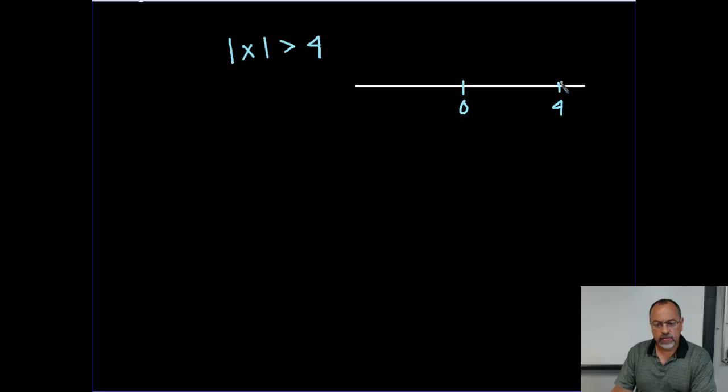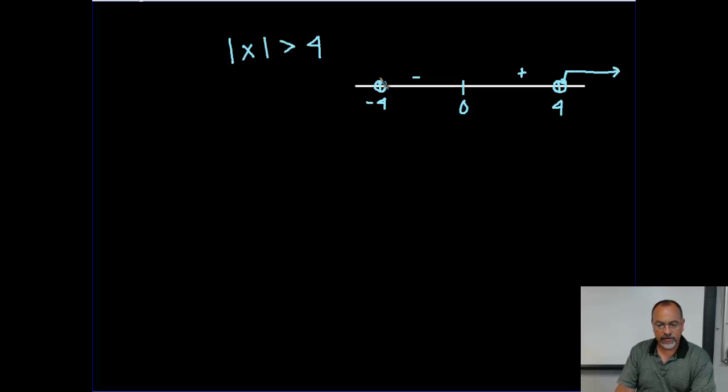What numbers are more than 4 away from 0? Well, those would be the numbers out here. All of these over here are more than 4 away from 0. But remember, we can also go 4 in the negative direction. So if I go 4 over here, I end up here at negative 4. Now, where are the numbers that are more than this 4 away from 0?